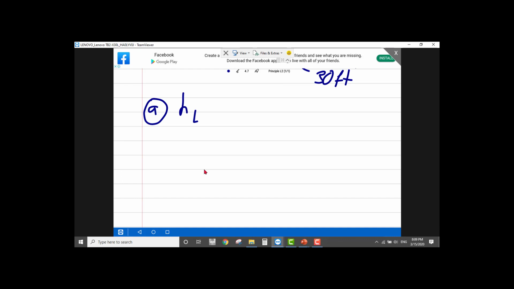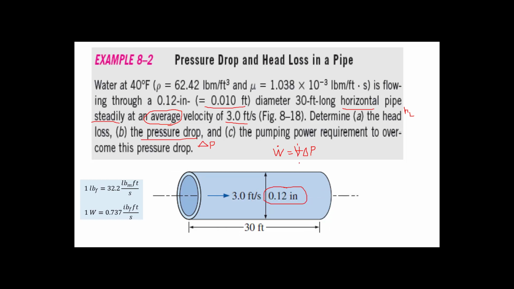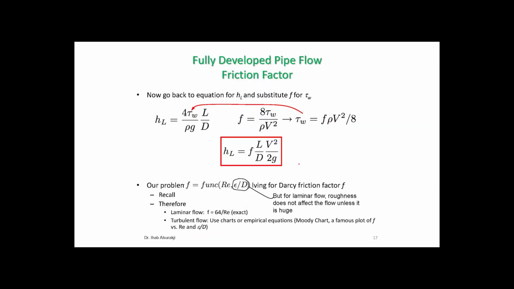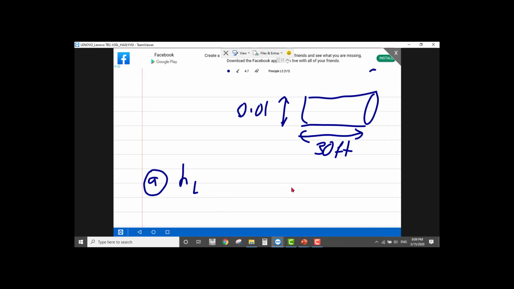You know from the slides that this is the equation for head loss. So head loss equals friction factor multiplied by L divided by D multiplied by V squared over 2g.